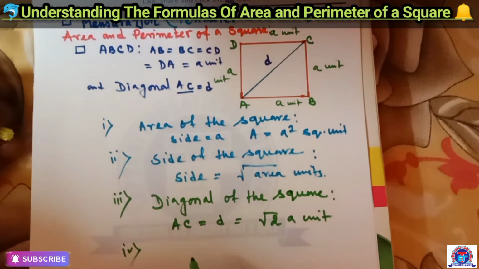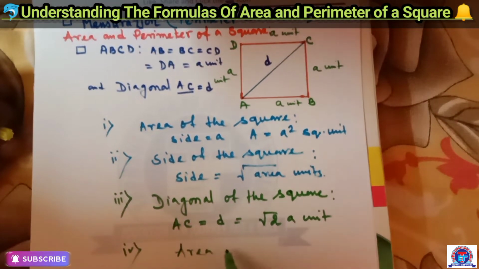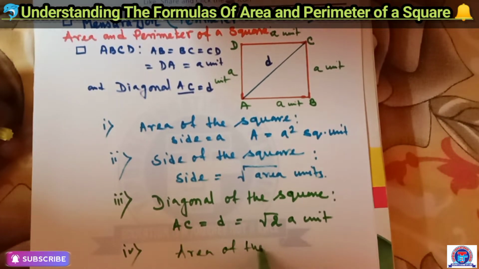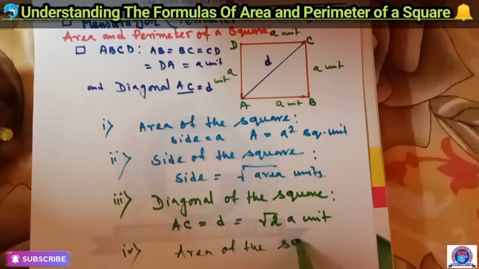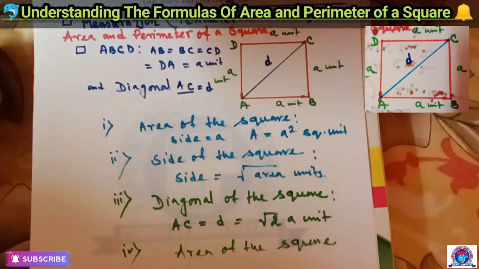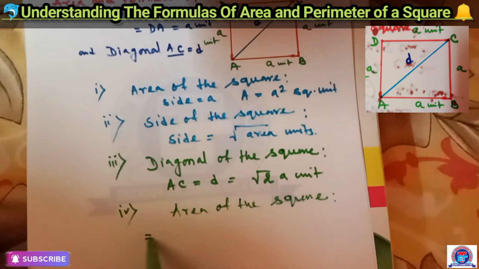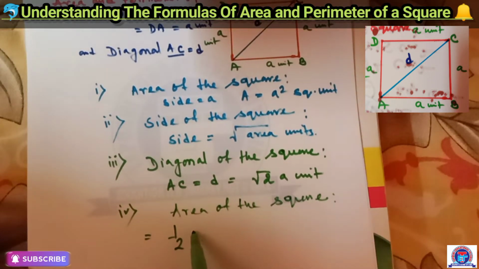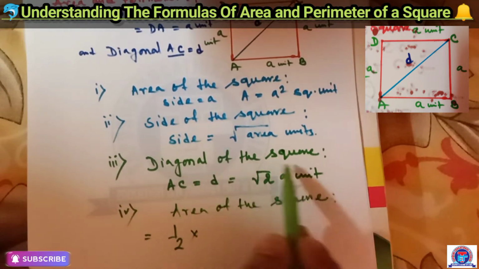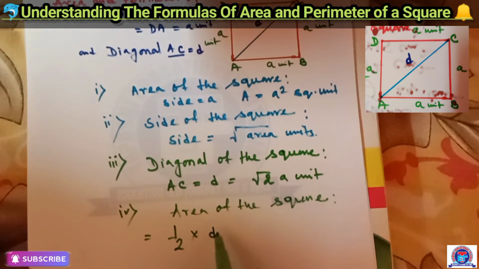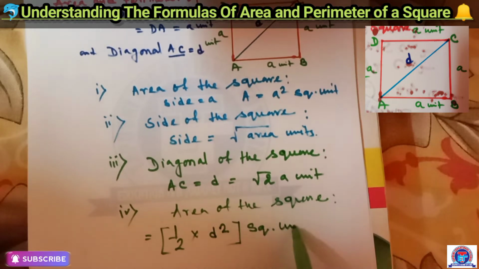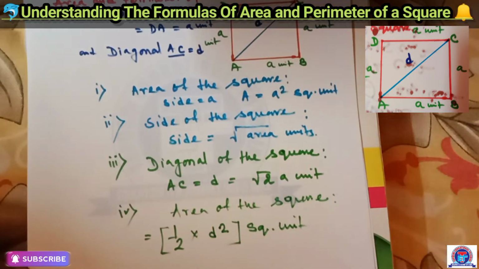So now dear student, here we understand number 4, area of the square. Also we can write area of the square is half into diagonal square, we consider D, so half into D square, a square unit, right student?